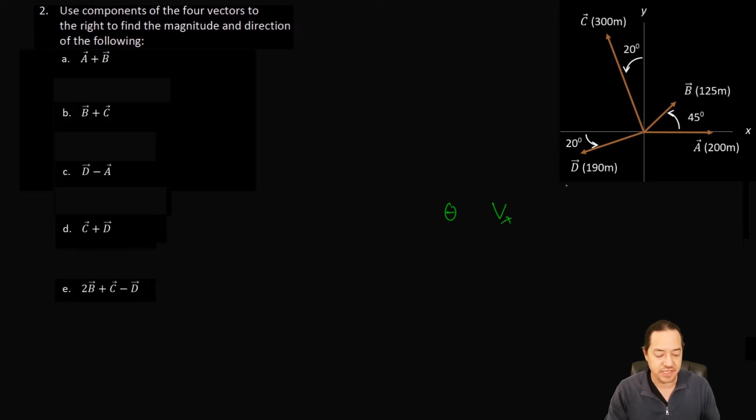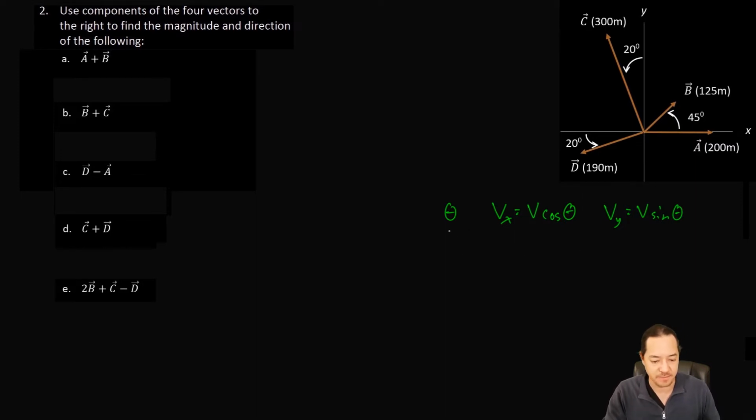If you remember, the x component of a vector, if this is theta, is the adjacent side, so it's v cosine theta. Likewise, the y component is v sine theta, as it's the opposite side to that angle.